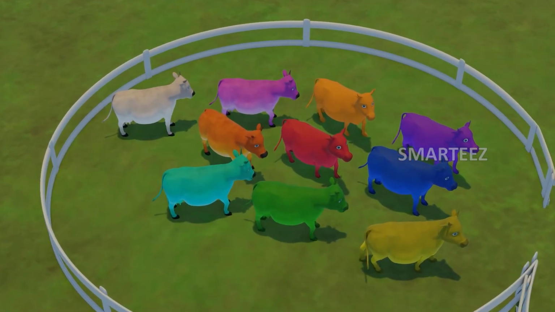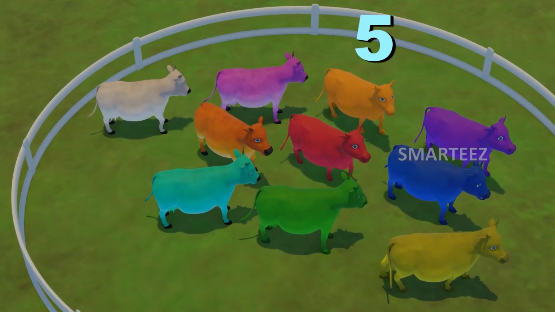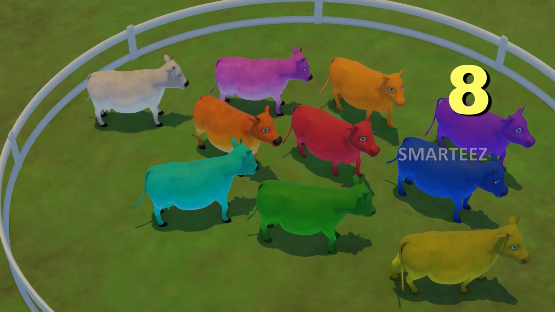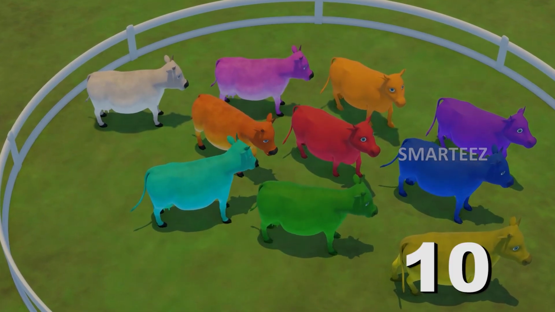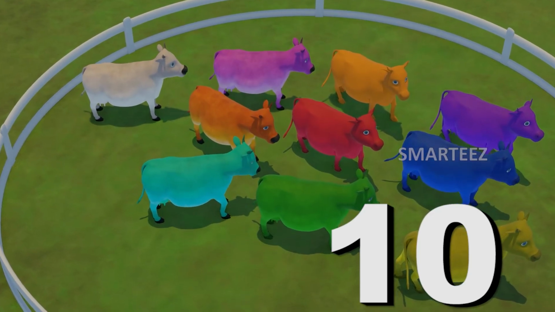That's 1, 2, 3, 4, 5, 6, 7, 8, 9, 10. There are 10 cows inside the pen. Let's see what happens when some of them leave.